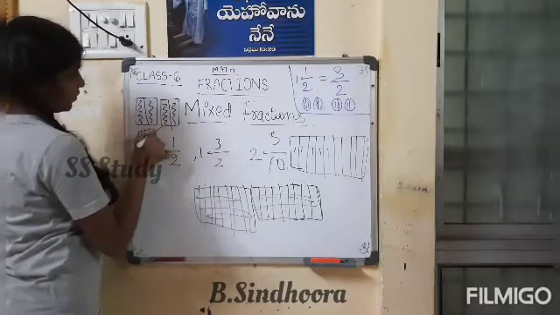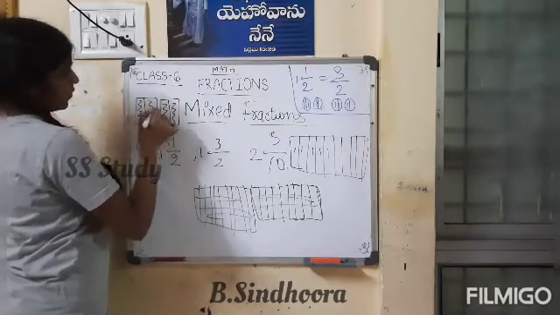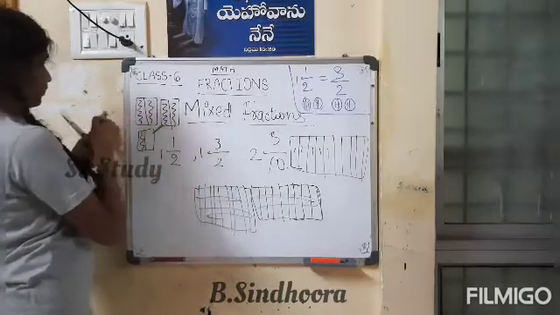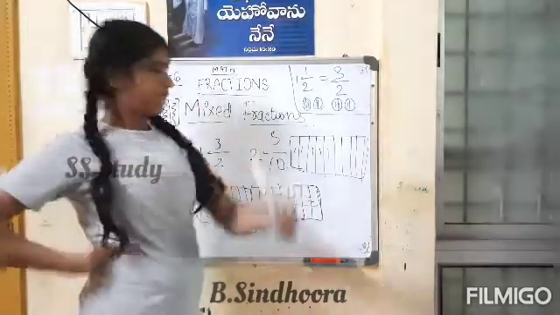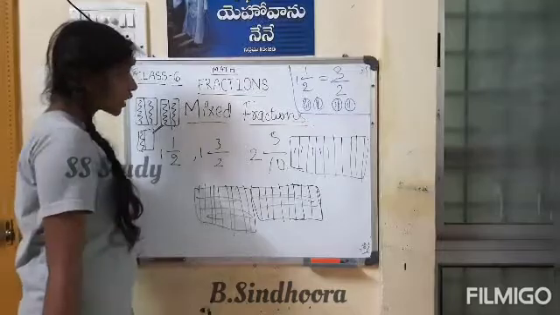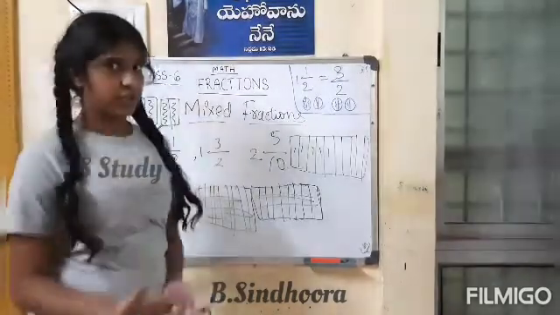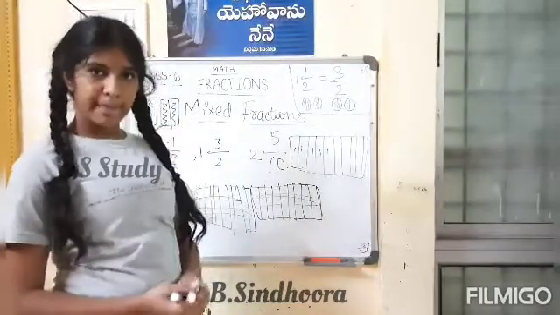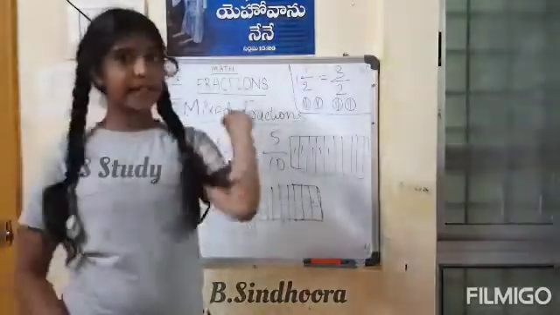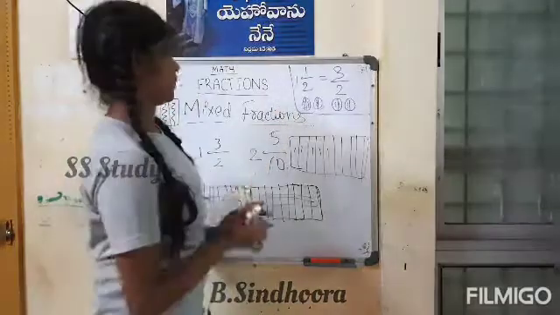This is equal. This is 1, 3 by 2. Then this is about improper. This is about mixed fraction. So now let's go to our next topic to find this answer.